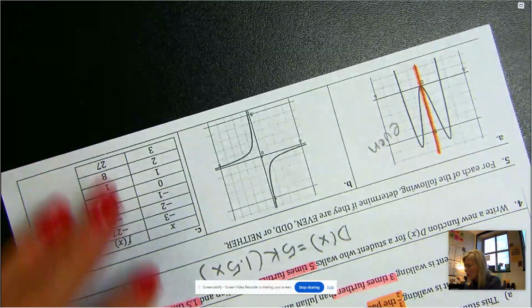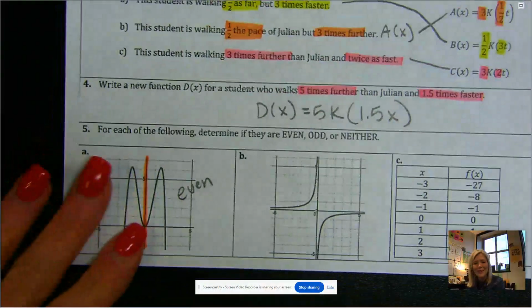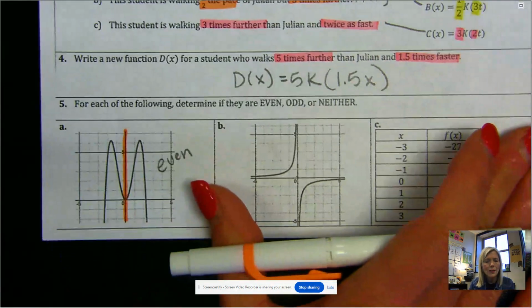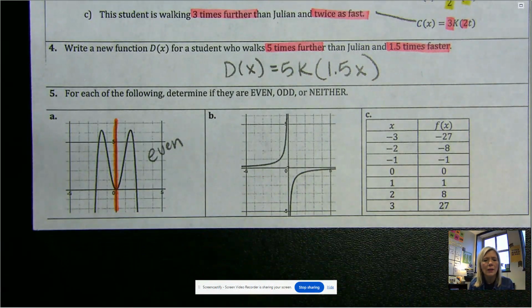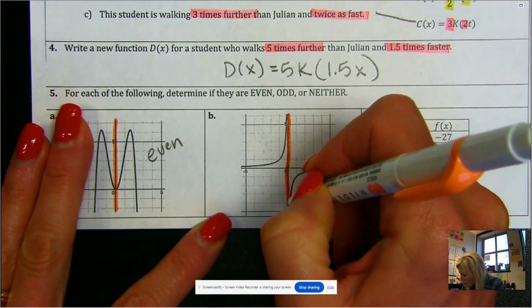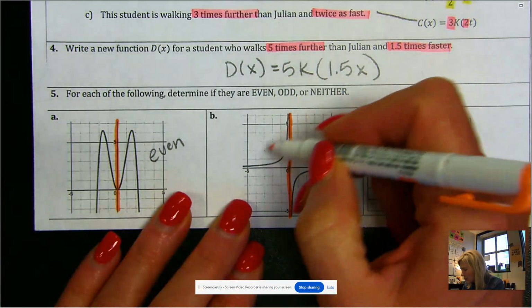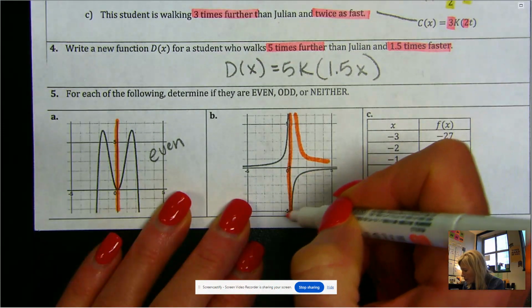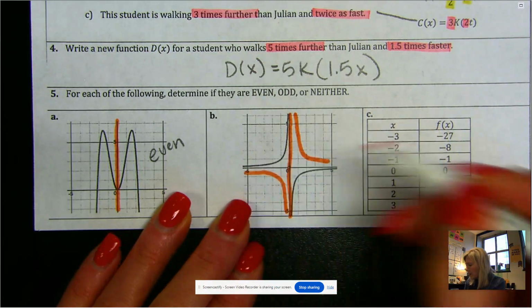So it has that 180 degree rotation about the origin. And you can think of it also as, if you reflect this over the y-axis, this will reflect over to here, and this will reflect over to here.